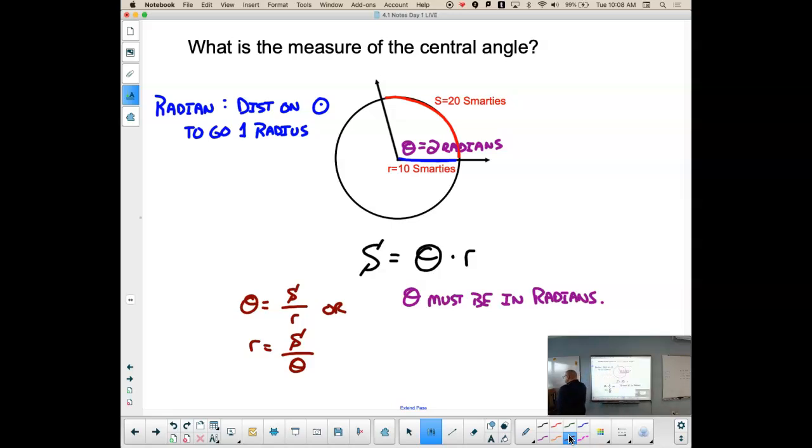But it always all comes from theta times radius is my arc length, provided that theta is in radians. Okay?